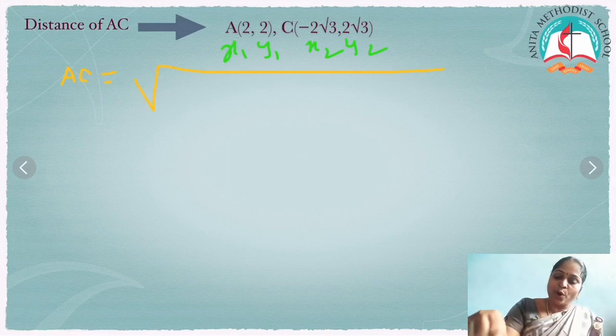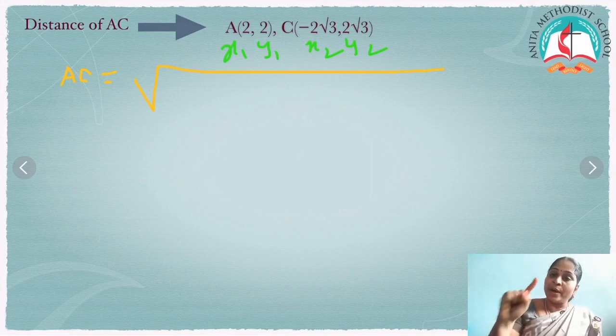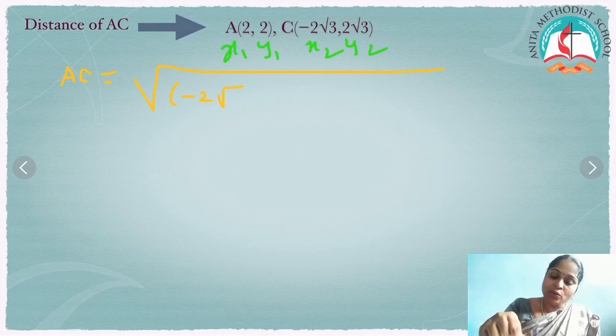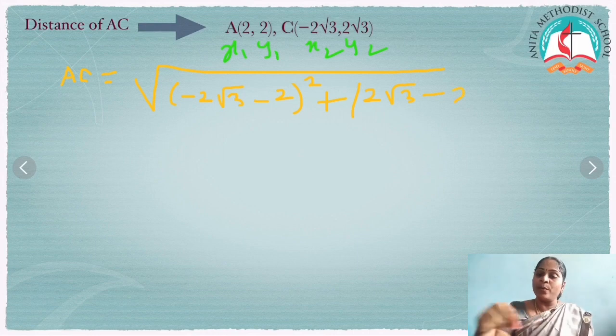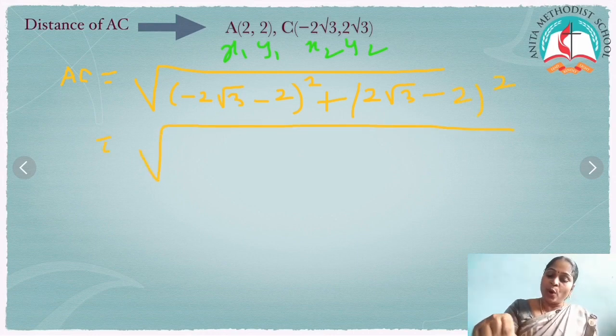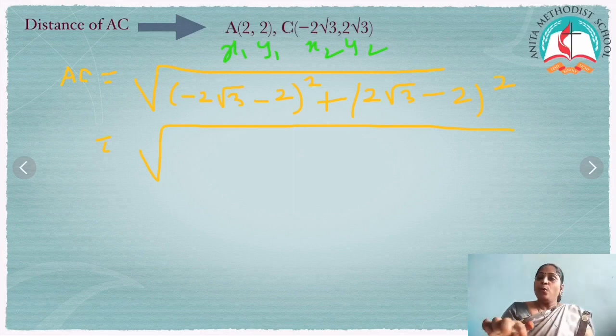So square root of y2 minus y1 and x2 minus x1. What is the x2 here? Yes, minus 2 root 3 the whole minus, what is x1? 2 whole square plus, what is y2? 2 root 3 minus, what is the y1? 2 the whole square.